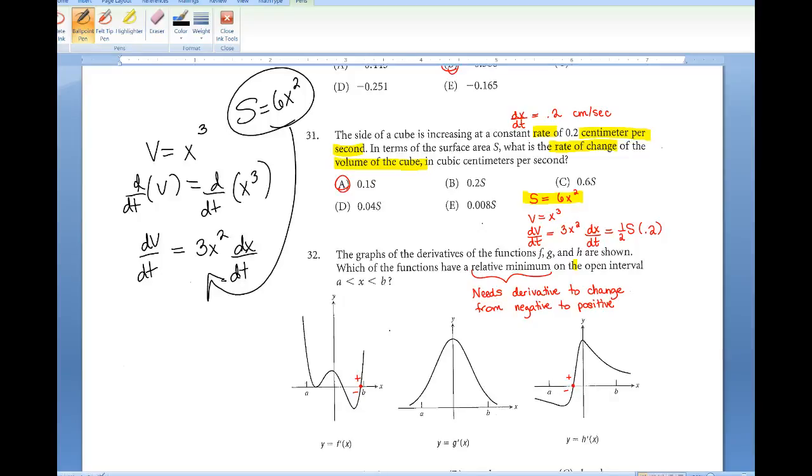So this is really 1/2 of S times dx/dt, because you see how there's an S in all of my answers? So I need to figure out some way to rewrite that. So 1/2 S times dx/dt, and dx/dt we can plug in as 0.2.